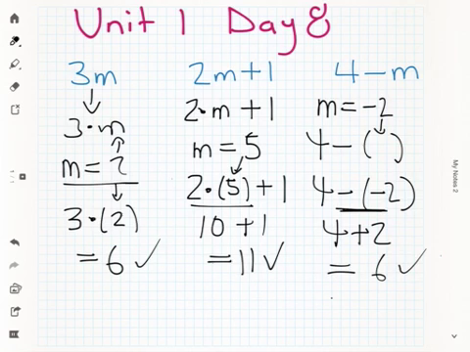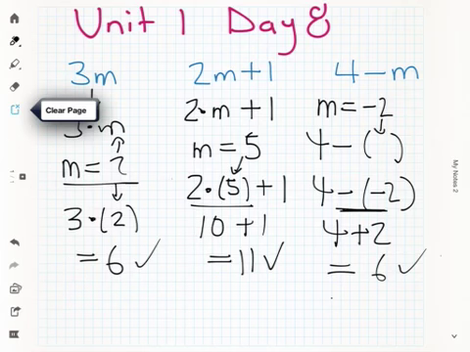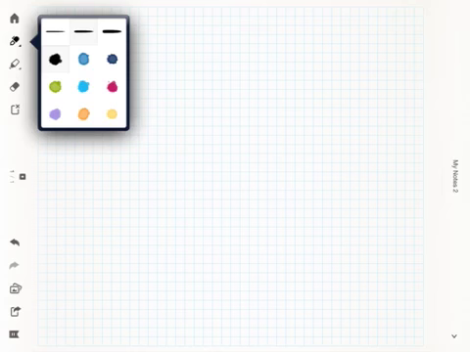I am going to show you another example here, and I'll just create a new page. Here we go. And with this one, I'm just going to make it a little bigger.